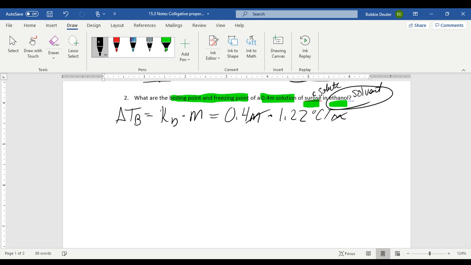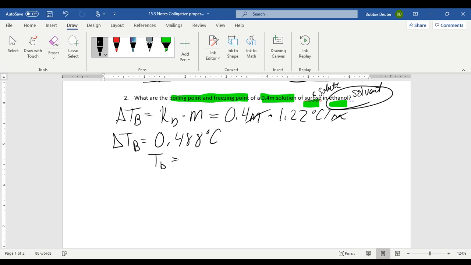These will cancel out. So then your delta T_B becomes 0.488 degrees Celsius. Again, that is not our final boiling point. So we have to find our boiling point.